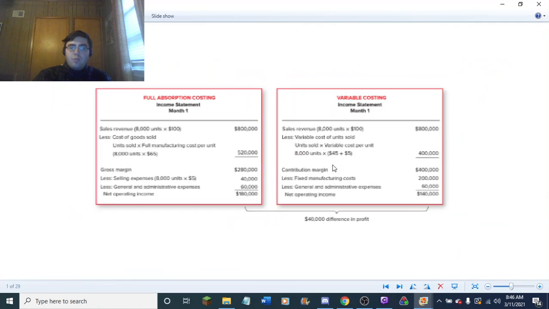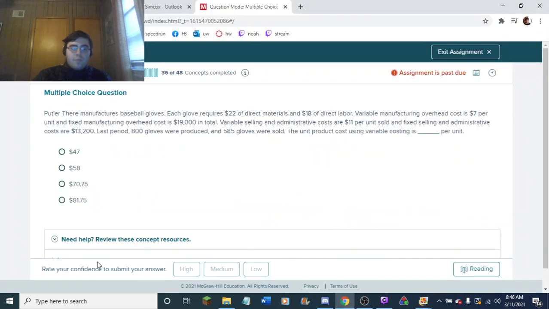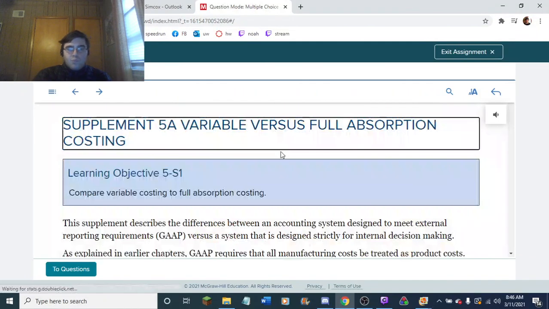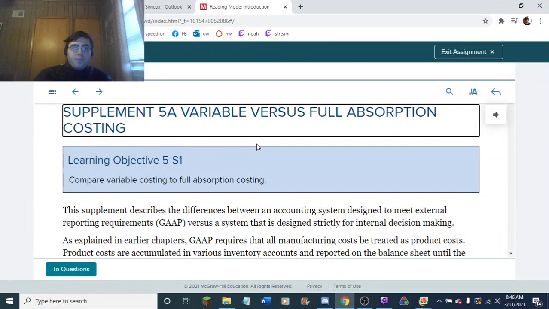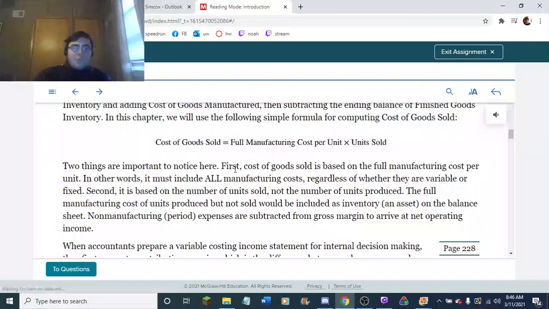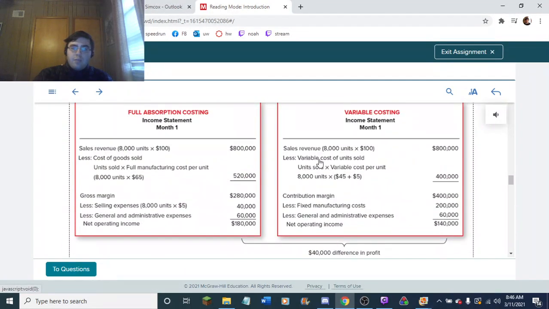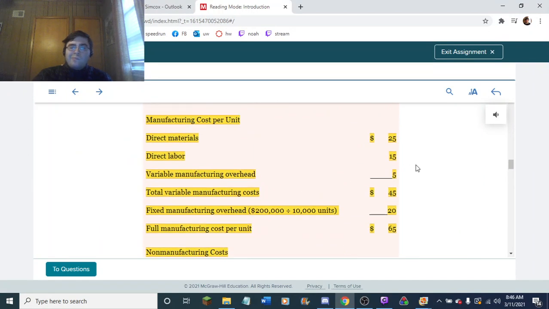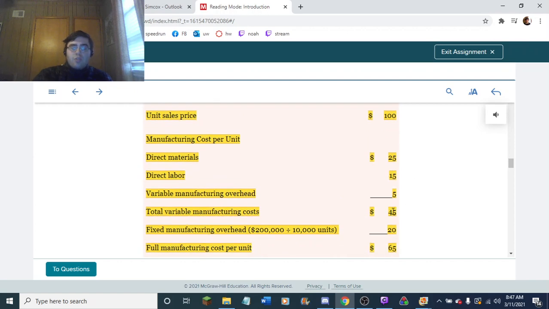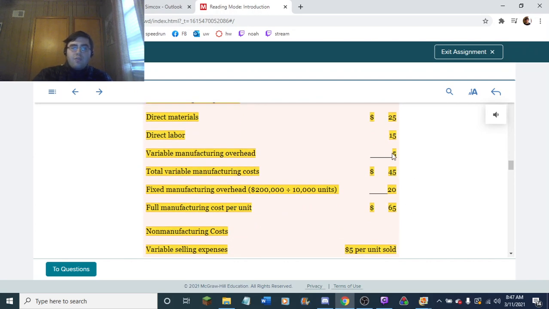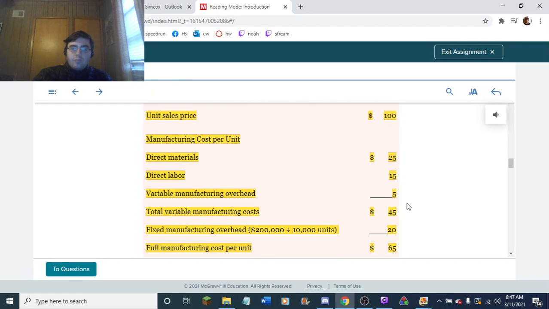So the variable cost, they have the units sold times the variable cost, which is 45 plus 5. So they have 45, which is total variable manufacturing costs, and 5.